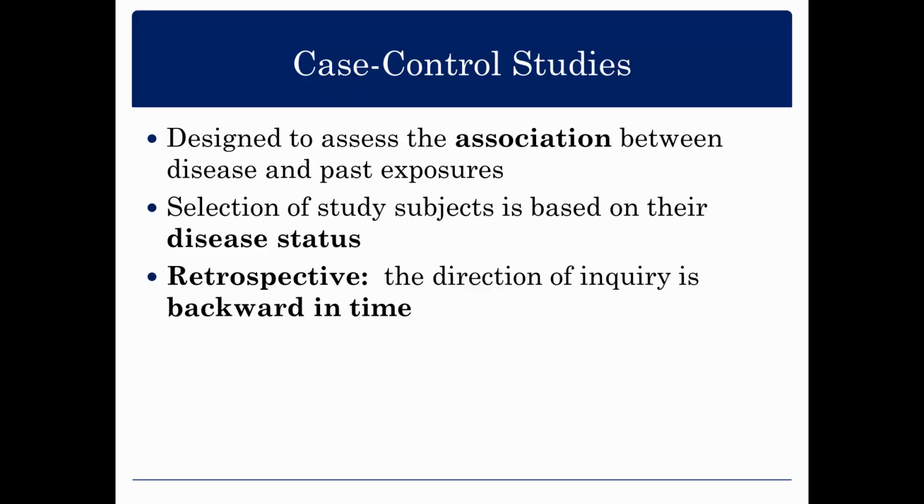Very often, we have a set of cases, a set of sick individuals, and we want to select a similar group of controls that are healthy. In other words, they have similar demographic and clinical characteristics to our cases, yet they don't have the condition. They don't have the disease or whatever the outcome is.